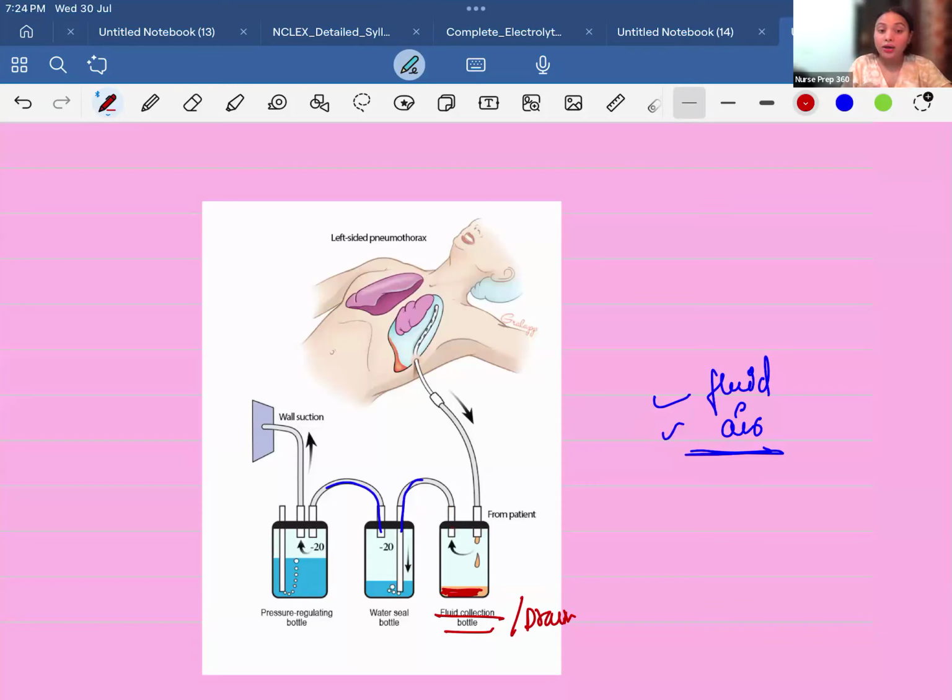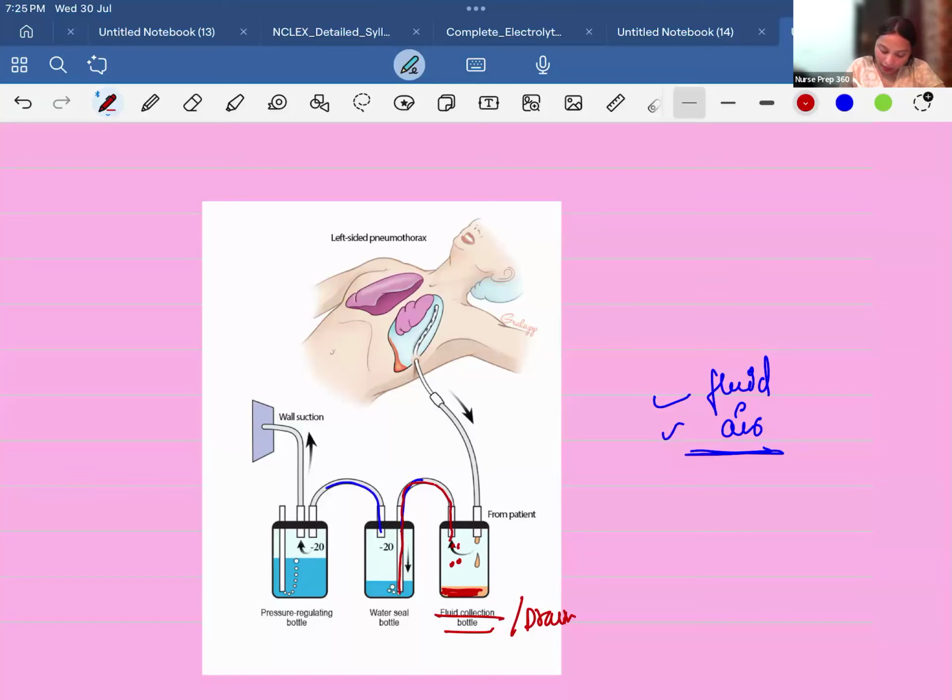Understand, these all three are closed chambers. If there will be a break in the circuit, there will be no negative pressure, and then fluid cannot come out, nor can the air. So these three need to be tightly secured, and negative pressure should be there. So the air molecules will move up into this chamber.